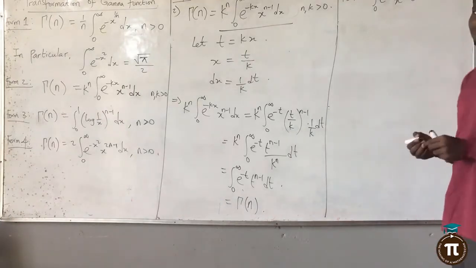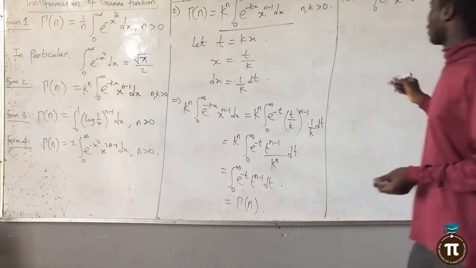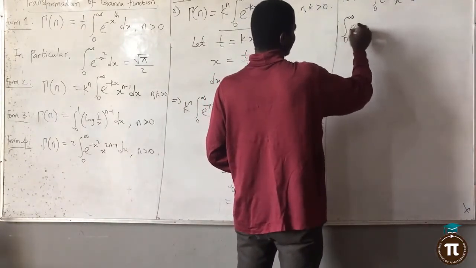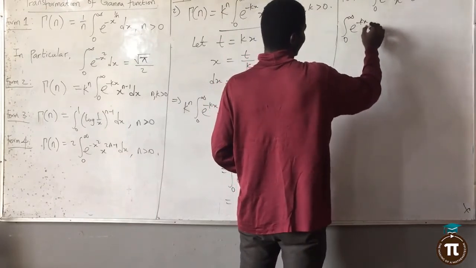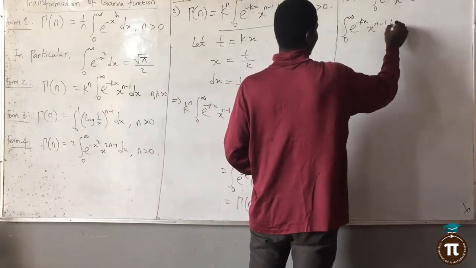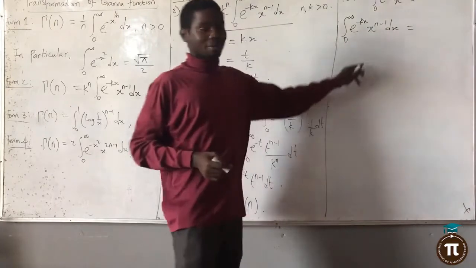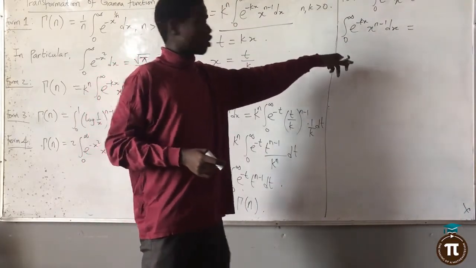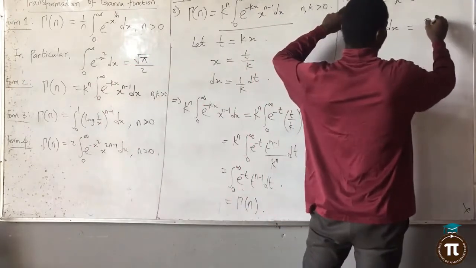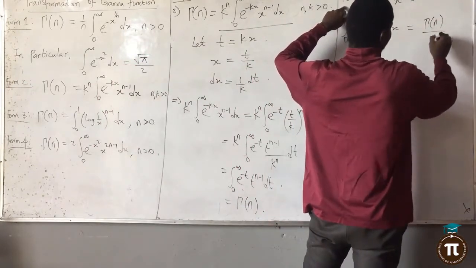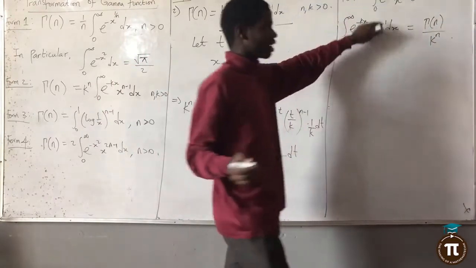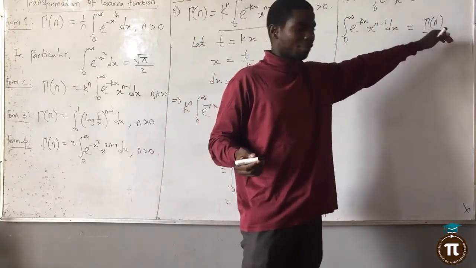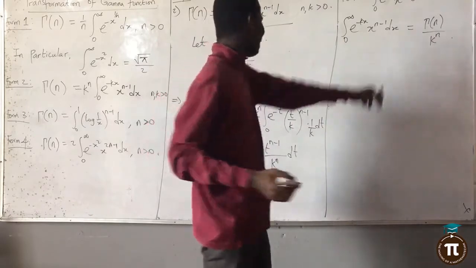So in practice, whenever we have an integral of this form, integral from 0 to infinity of e raised to the power minus ks, s raised to the power n minus 1 ds, and we want to compute the value, this will be equal to gamma of n all over k raised to the power n. Of course, I just divided both sides by k raised to the power of n.